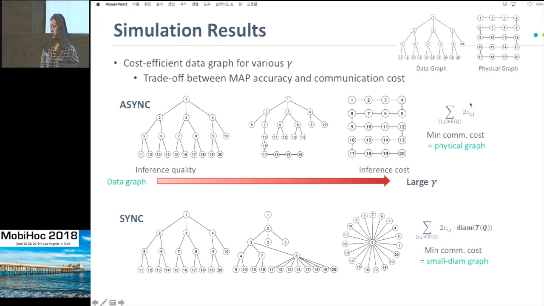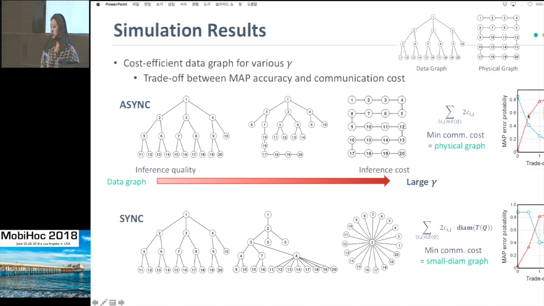Here, because of how the communication cost is constructed, the structural learning algorithm recovers the physical graph as a result. But in the synchronous case, because we also need to reduce the diameter of the resulting tree to have the minimum communication cost, it finds the star topology as a result.